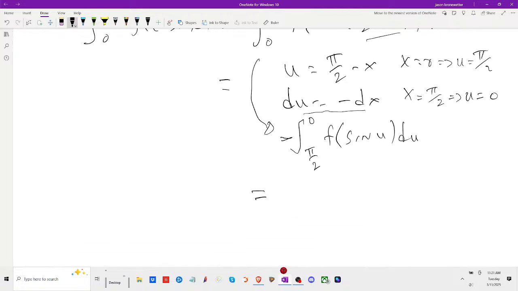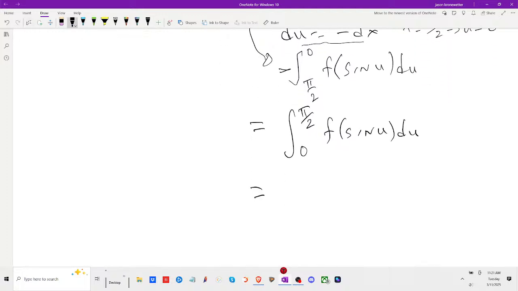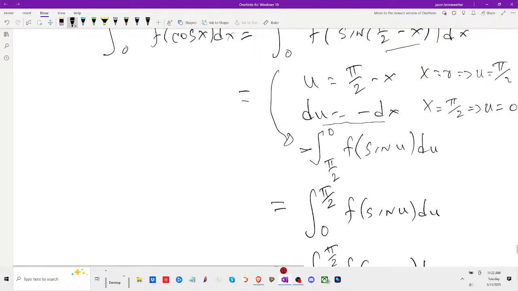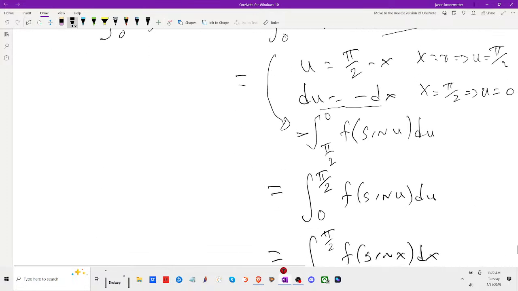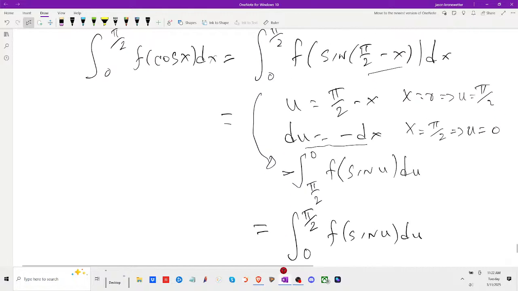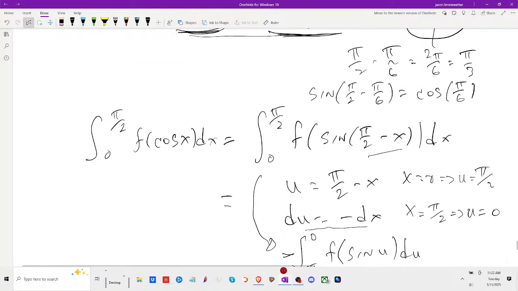Then I can switch the bounds by using that minus. So that's the same as 0 to pi over 2 of f of sine u du. And if I just change the variables, that's equal to f of sine x, which is what we wanted to show. So we wanted to start off with this and end up with that, and that's exactly what happened, and in order to do that, we used this substitution here.